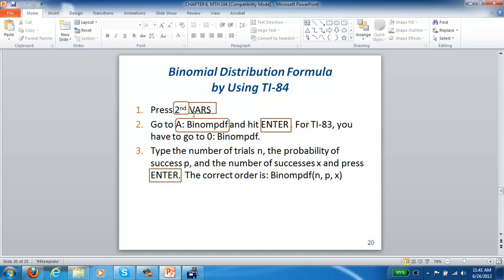You have to go to second, variables, you have to go to letter 0 or A, depending if you have TI-83 or TI-84, but you have to go to binomial PDF, binomial probability density function, and press enter. And then the correct order will be n, p, x. N, the sample size, p, the probability of success, and x, the number of successes in n trials.